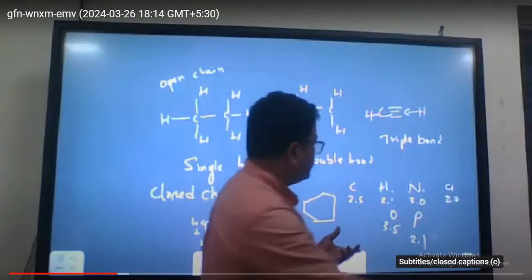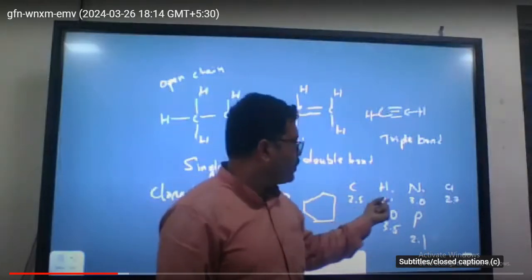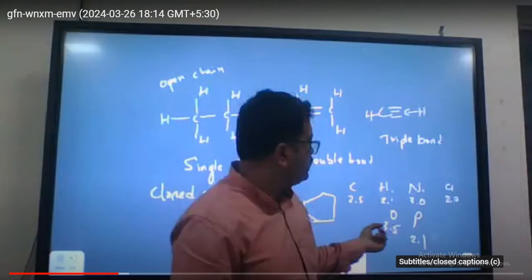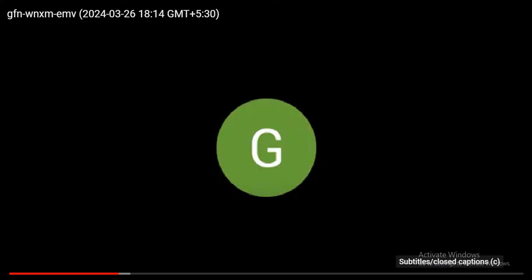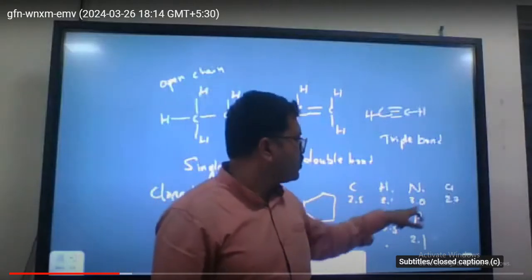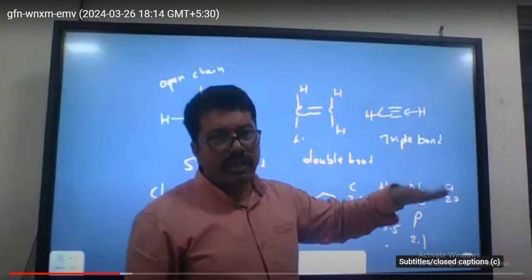Due to very near electronegativity, and similar size, carbon, hydrogen, nitrogen, chlorine, phosphorus are almost near each other in the periodic table, with only a difference of 1 or 2.